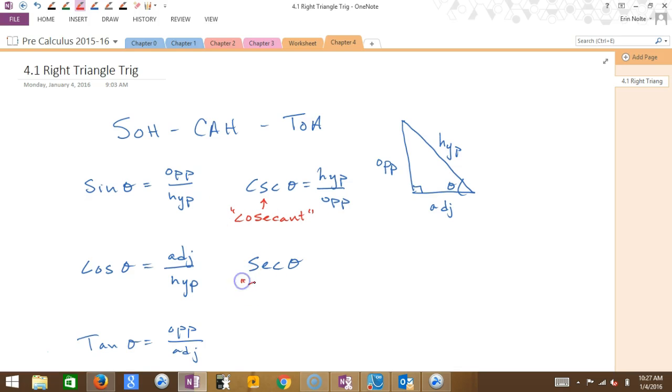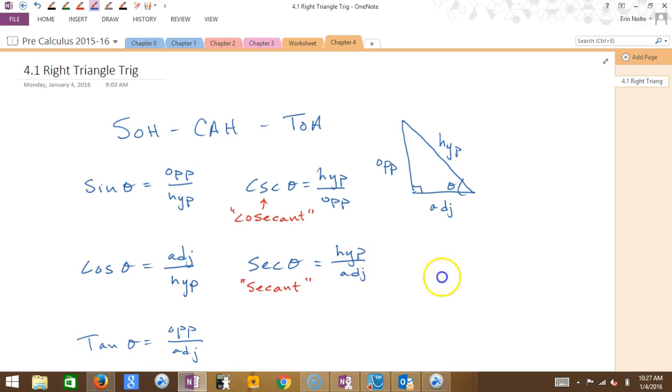SEC is secant. Okay, and what is the secant equal to? There you go, hypotenuse over adjacent.